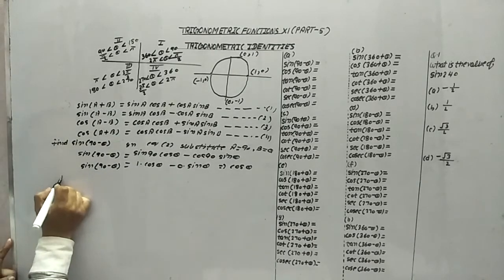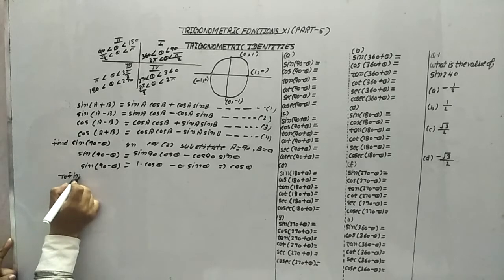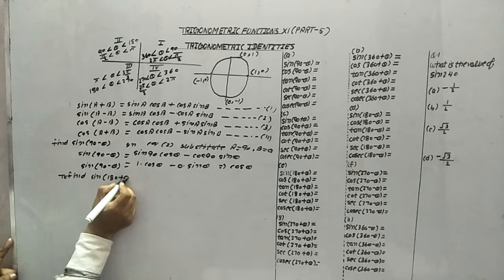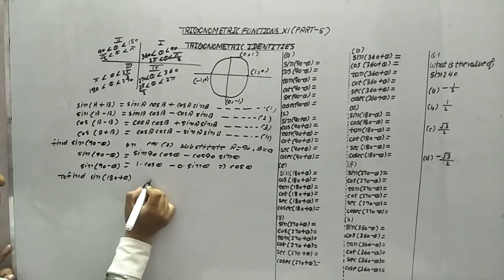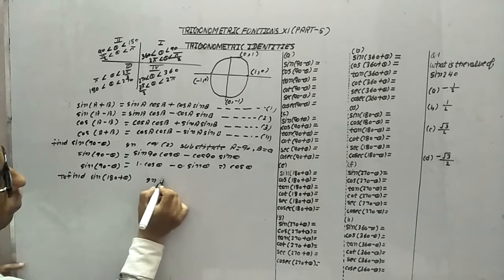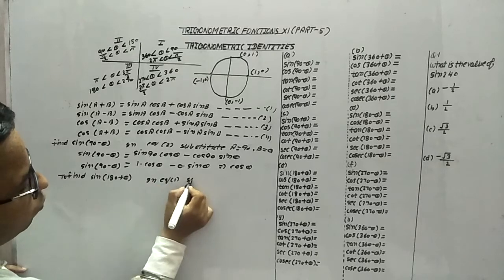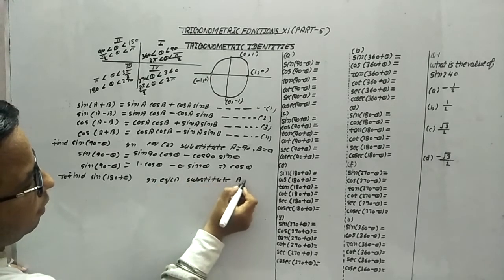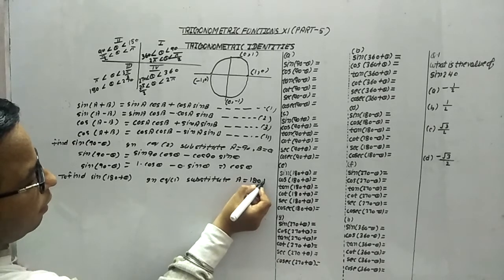Suppose we have to find sine 180 plus theta. Now for this, in equation 1, substitute a is equal to 180 and b is equal to theta.